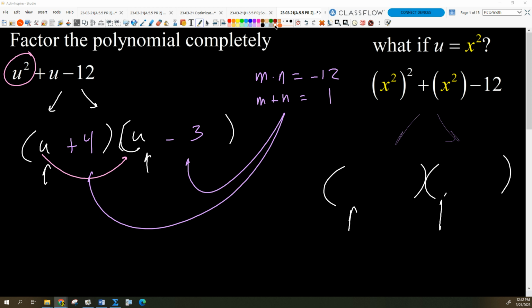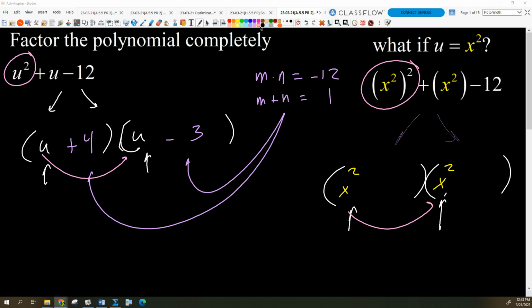Now, what has to go there and there this time? X squared, exactly. It's got to be x squared because when I distribute, I've got to get x squared squared. What does it mean if I multiply something by itself? What is that the same as doing?